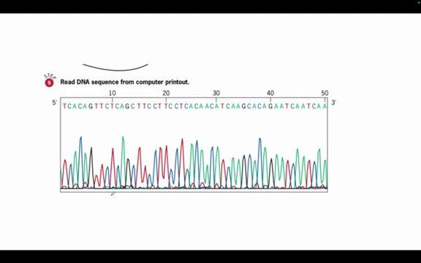We'll get a peak corresponding to each fluorophore. Okay? And if each of these peaks is well resolved, okay, and symmetrical, then you will know that this is a good sequencing result, a clean sequencing result.